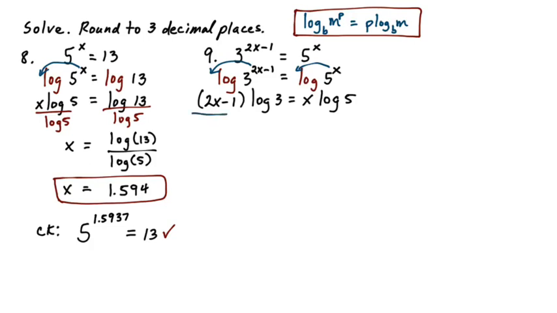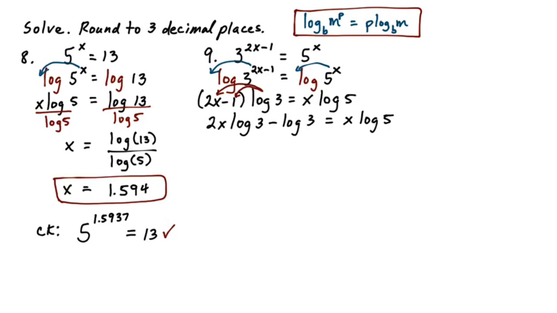Now on this side I need to distribute. I'm basically going to multiply the log 3 times each of the terms here. So let's do that. We're going to get 2x times the log of 3 minus 1 times the log of 3, or minus log of 3. And of course the other side is the same.